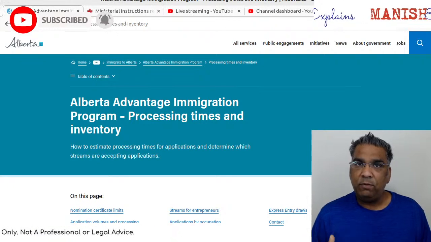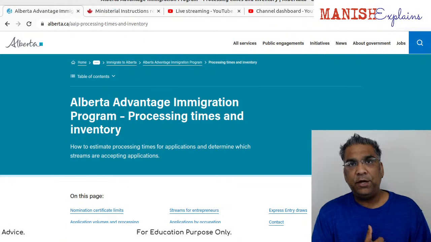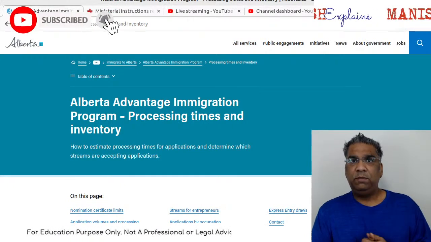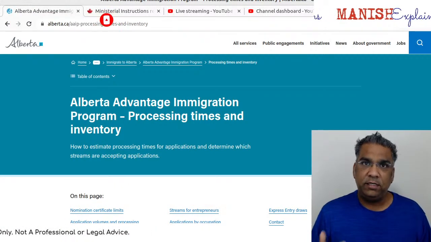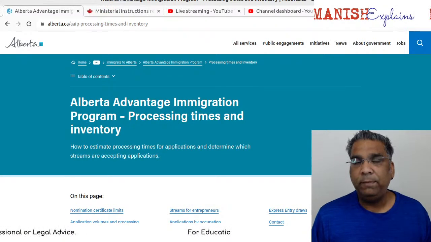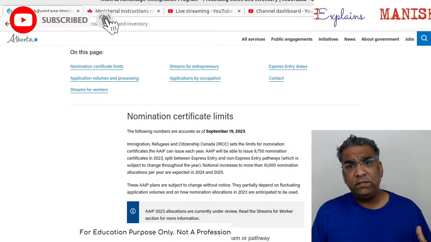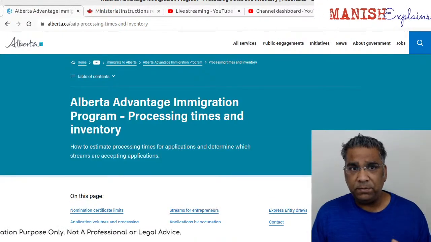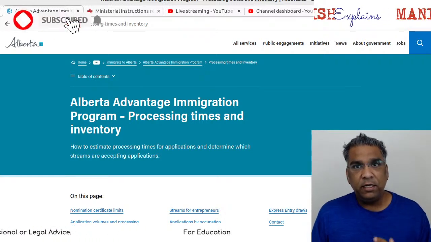When I was doing my application under AIP, I didn't have this kind of a tool. There was a page which used to declare the results, but it said on the website itself that it could be delayed by up to a month, right? But now we have seen that this particular page is updated more regularly and it's more reliable.